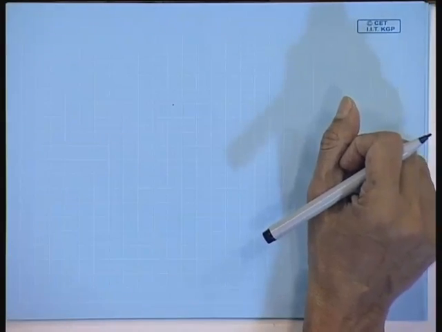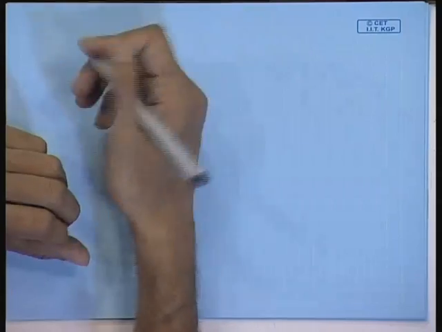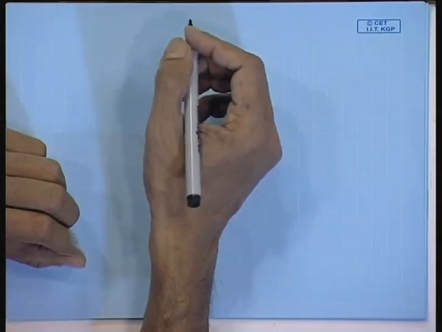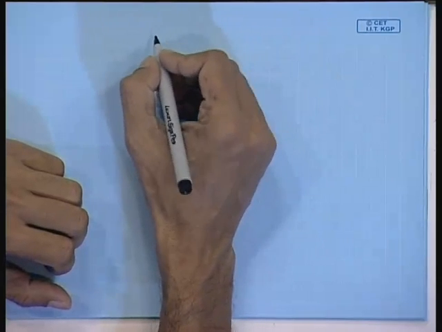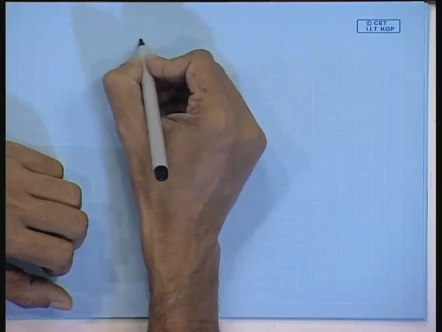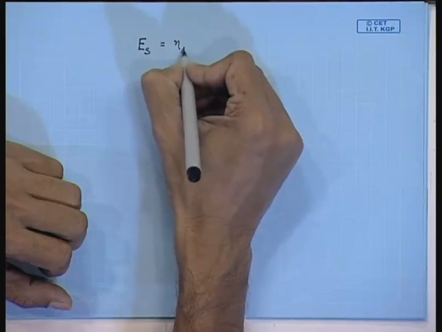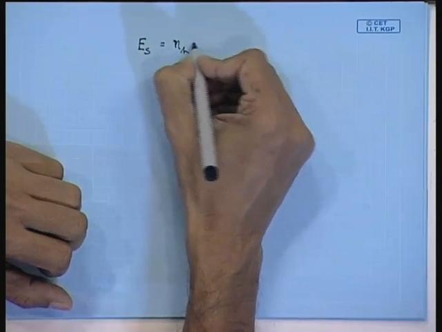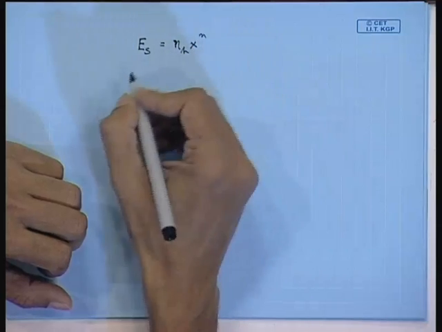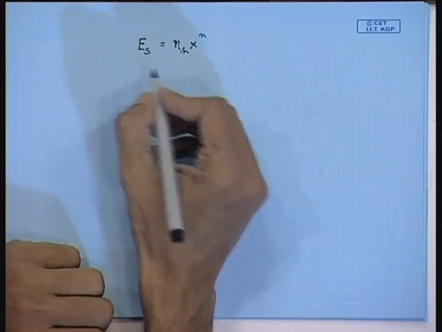Now, in this equation, I have already given you the formula for the relative stiffness. The other term is the subgrade modulus, ES. ES we have worked out to be NH x to the power n, and from this you can calculate phi z.